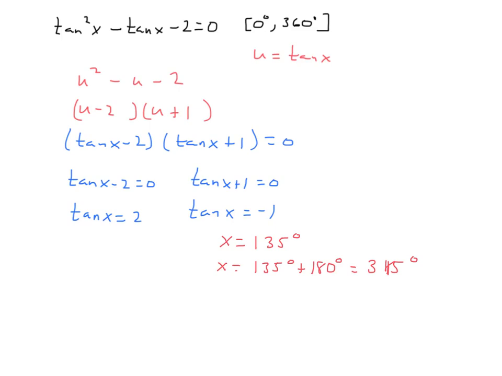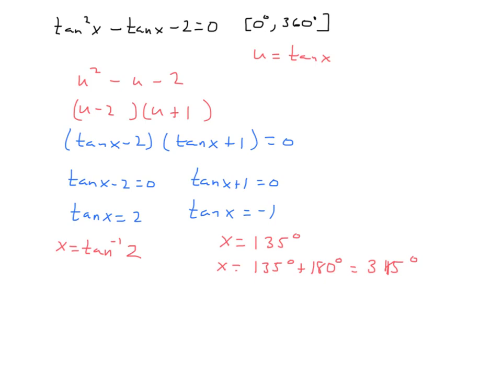The other side was a little bit different. Tan x equals 2. In this case, x is equal to the inverse tangent of 2, so I need to pull out my calculator. Because we are working from 0 to 360 degrees, make sure your calculator is in degrees.